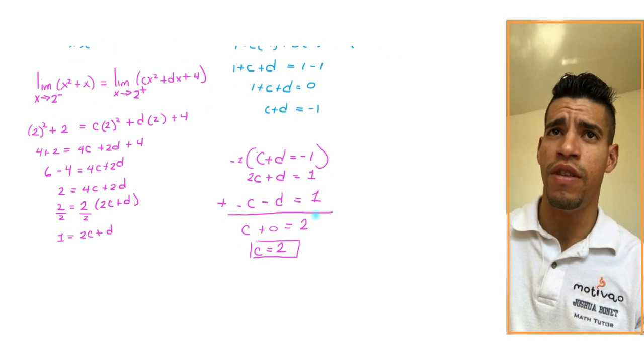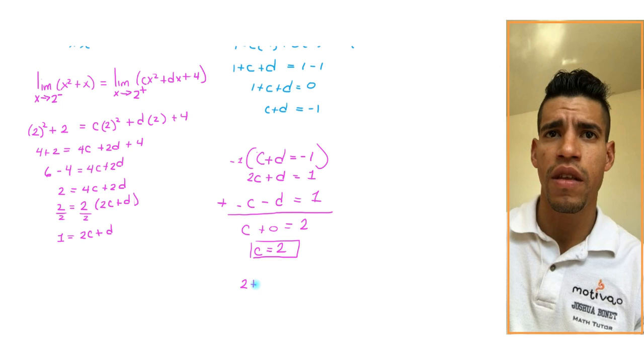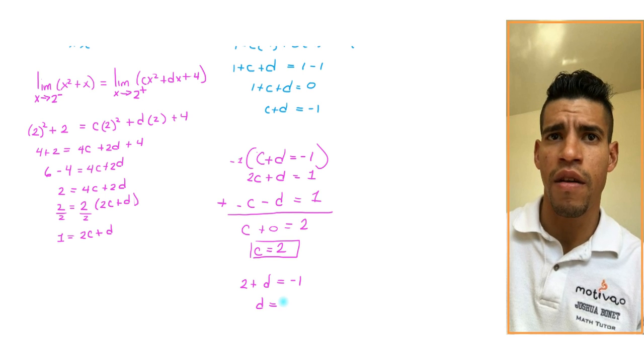Usually I tell people to use the easiest one. So I'm going to choose the first one. 2 plus d equals -1. Therefore, d equals -1 minus 2. Therefore, d equals -3.